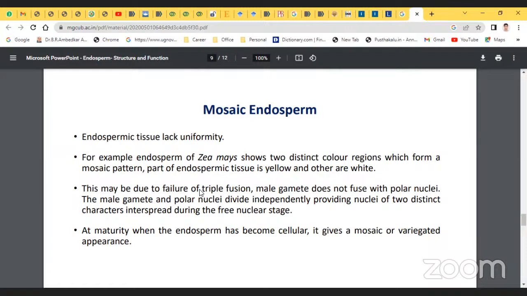The male gamete does not fuse with the polar nuclei. The male gamete and polar nuclei divide independently, providing nuclei of 2 distinct characters. It is interspersed during the free nuclear stage. That is the reason why it is in 2 colors.